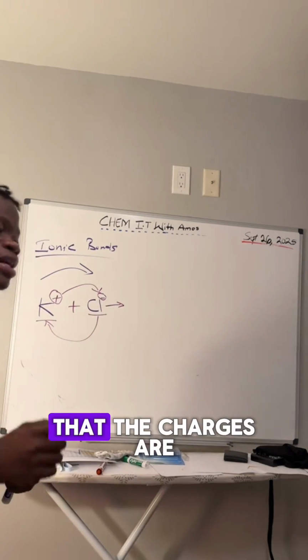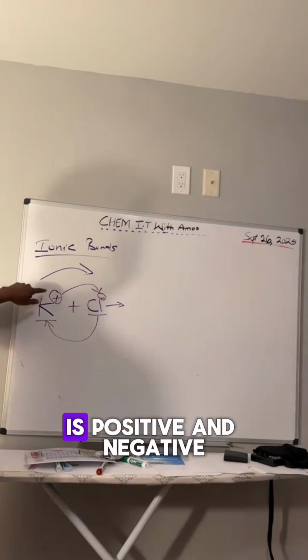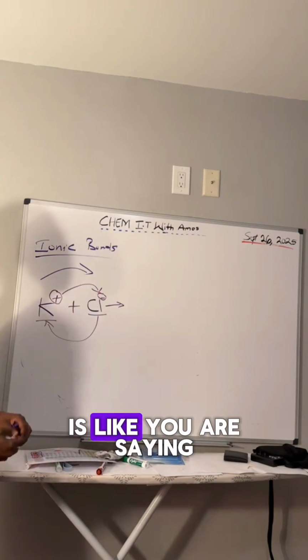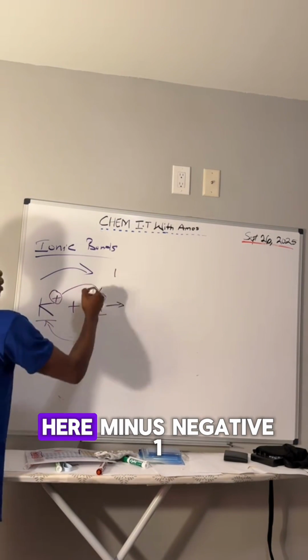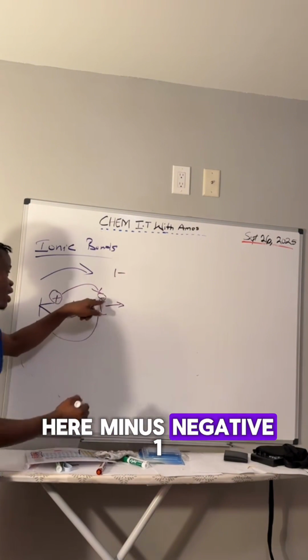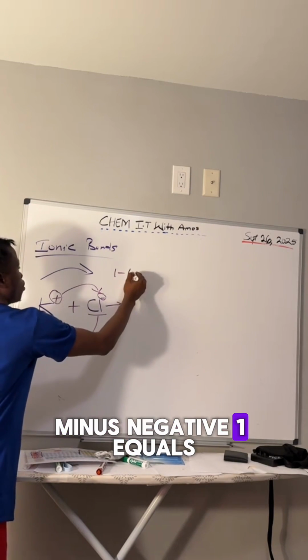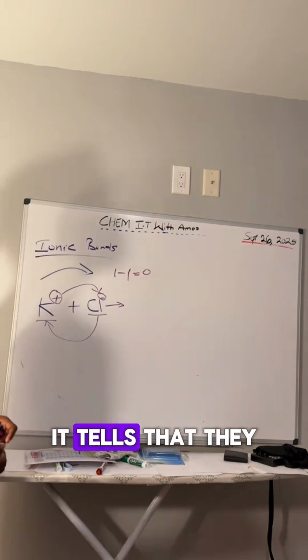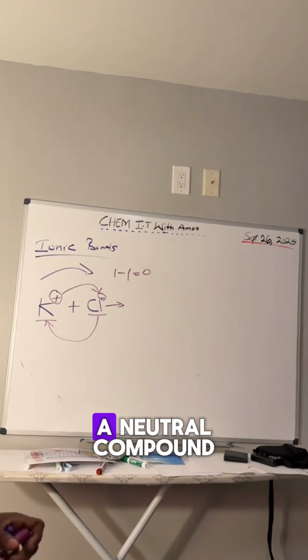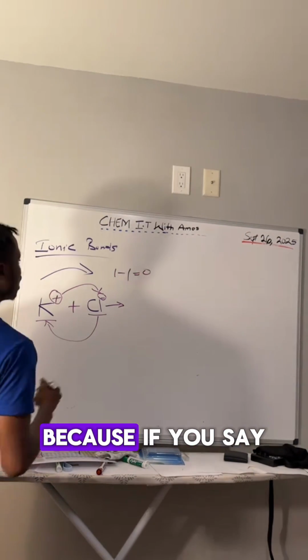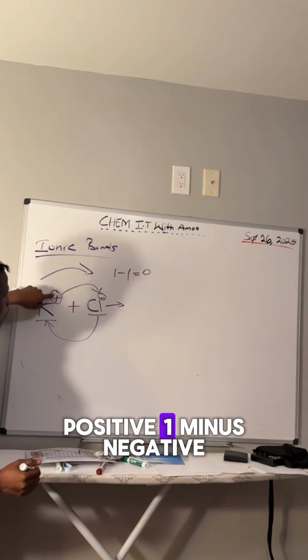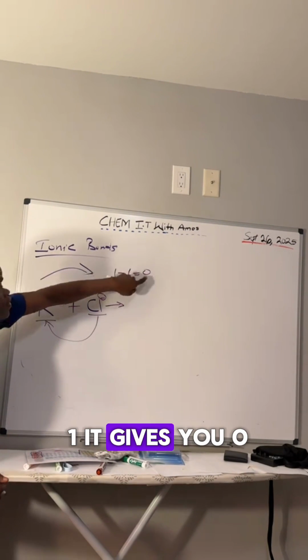But bear in mind that the charges are equal. It's positive and negative. It's like saying positive 1 minus negative 1 gives you 0. It tells us that they are going to form a neutral compound, because positive 1 minus negative 1 gives you 0.